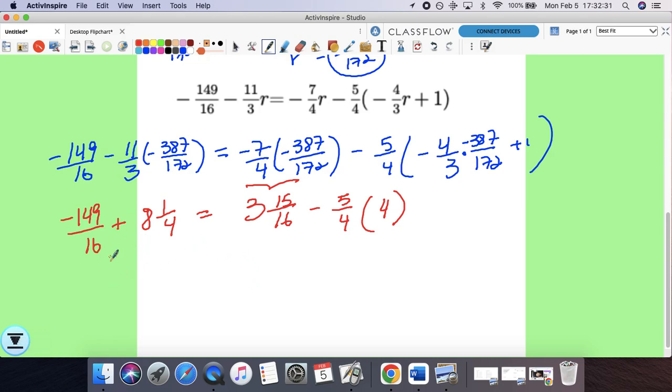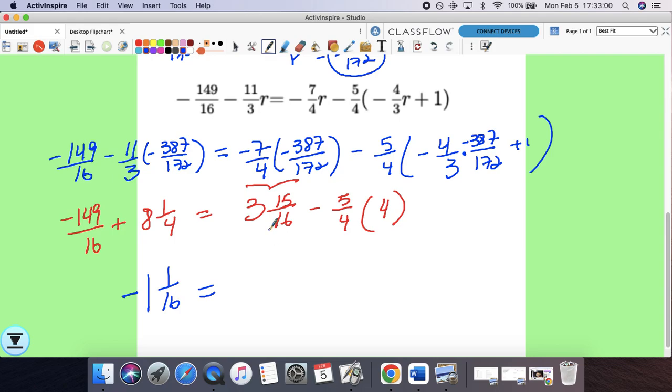So let's actually do this on the right side. 149 over 16 plus 8 1/4. Enter. We're going to get this left side equals negative 1 over 16.